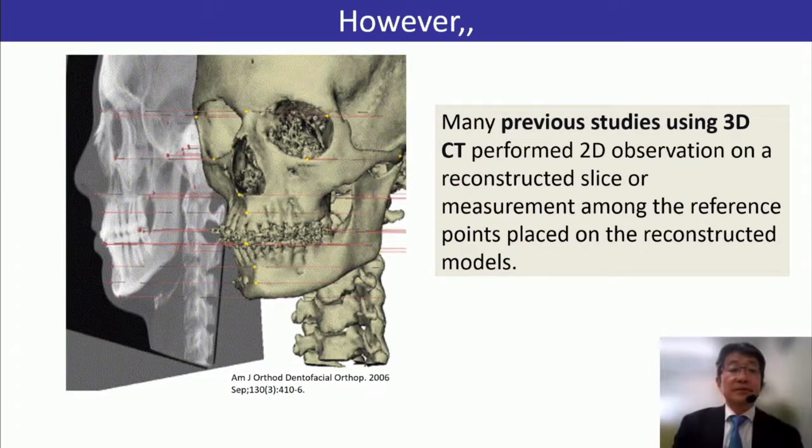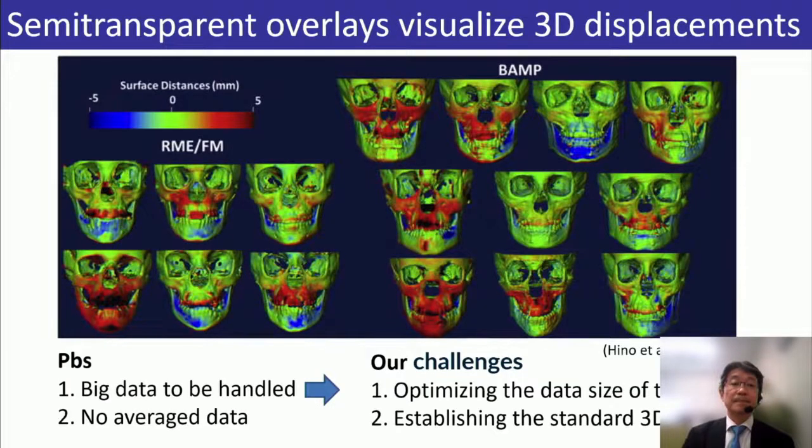However, many previous studies using 3D CT performed 2D observation on a reconstructed slice, or measurement among reference points placed on reconstructed models. But this limitation was improved by the application of semi-transparent overlay approaches. This figure is from the previous study of Hino et al.